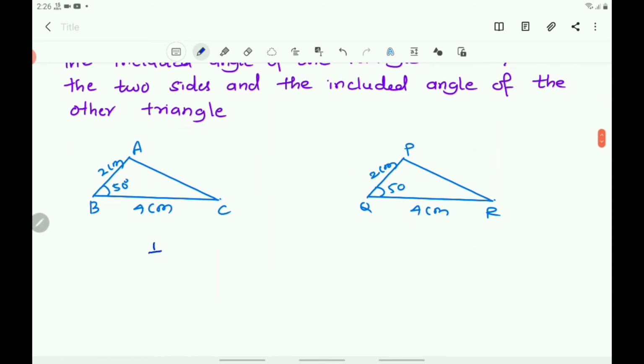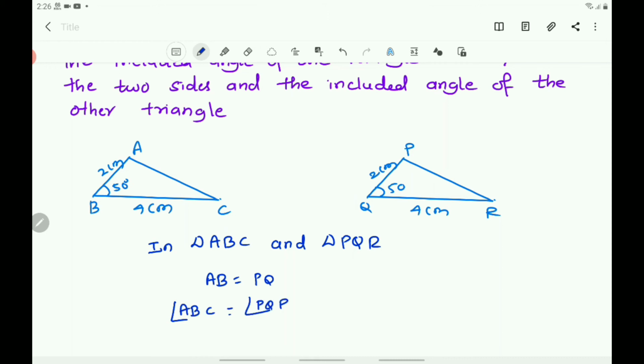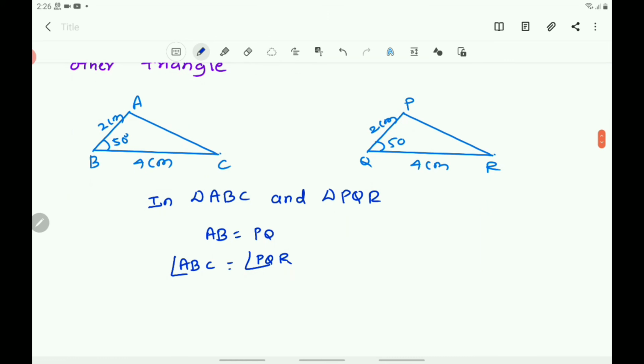So you can write, in triangle ABC and triangle PQR, here AB is equal to PQ and angle ABC is equal to angle PQR and side BC is equal to QR. So SAS, side angle side, this angle is made by these two sides. The angle and two sides must be in this manner only.